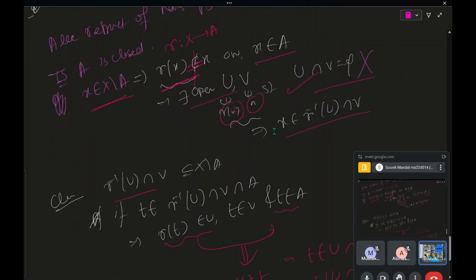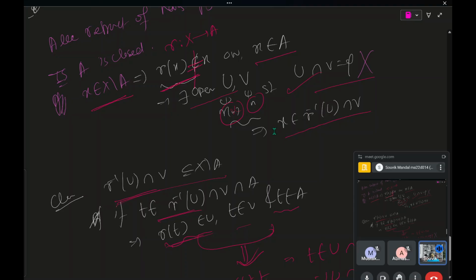How to prove? Suppose T belongs to R inverse U intersection V intersection A. Just because, if the intersection is non-empty, then we can have at least one such T. This means Rt belongs to U, and since T belongs to A, Rt is equal to t.